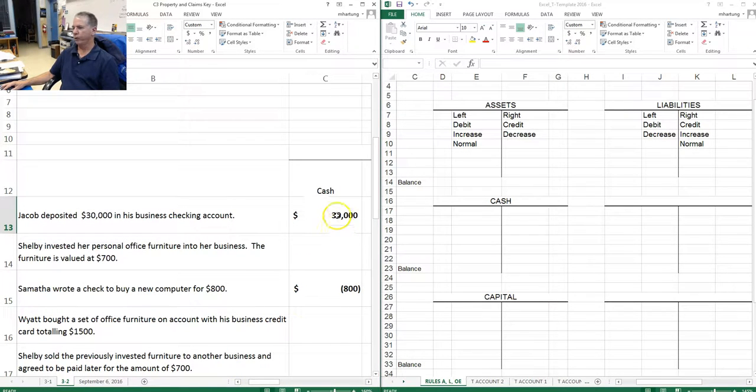So we take a look at what happened. What happened to cash? Cash increased. When we increase cash, let's look at our rules. Cash is an asset. Increase is a debit. Therefore, we would make a debit entry on the left side, or the debit side of the account, of $30,000. Go ahead and put a dollar sign on there.